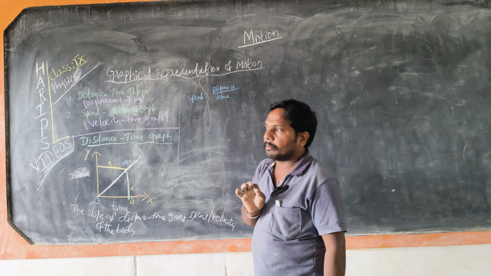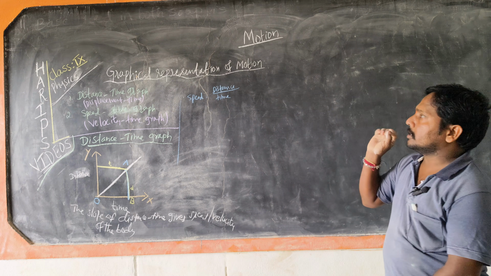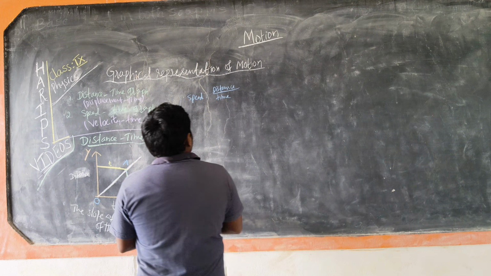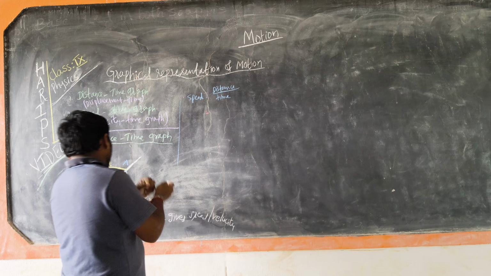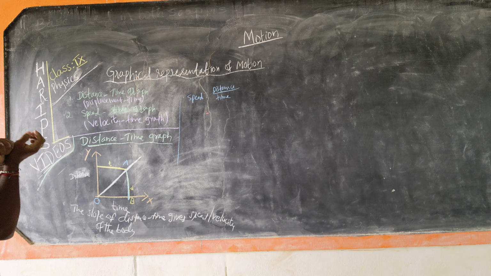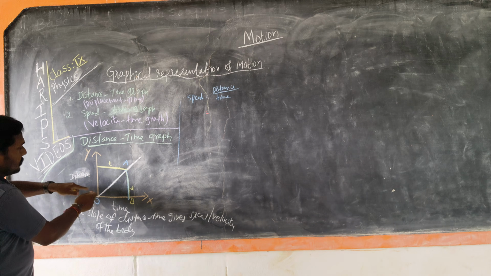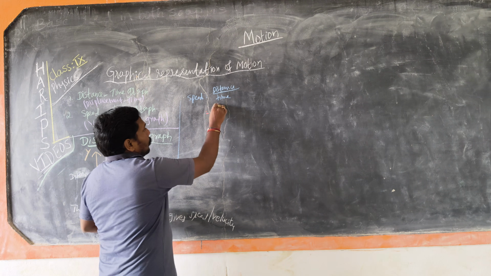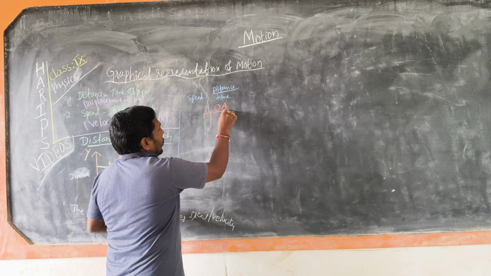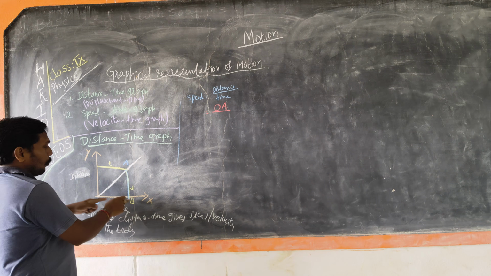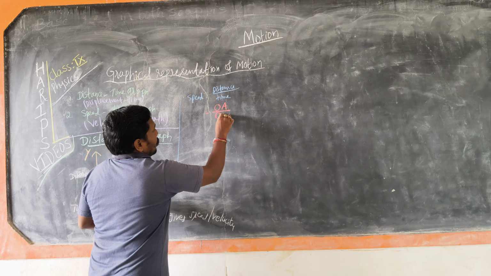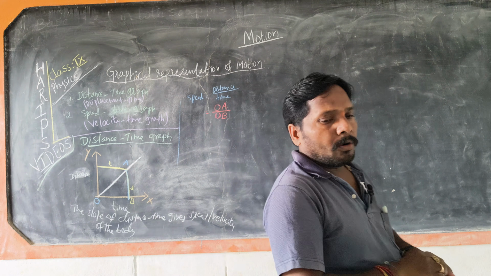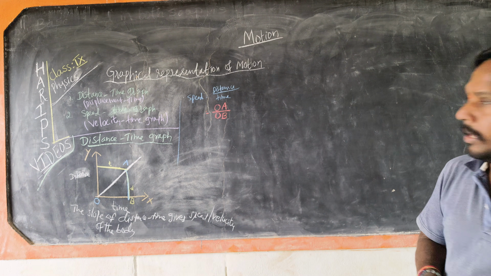We know the formula: speed is equal to distance by time. The distance is OA and the time is OB.